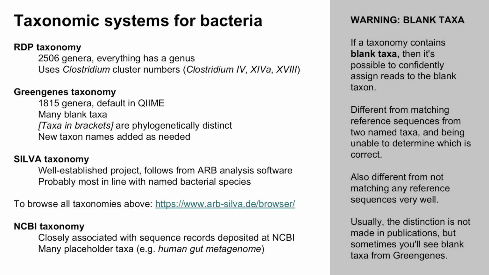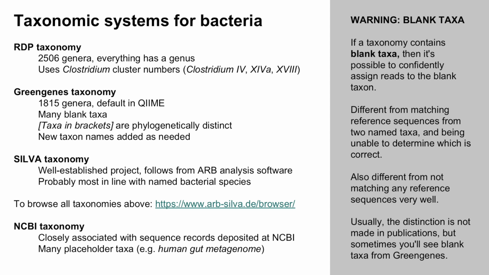Also, you'll see taxa in brackets coming from here, and that indicates that it's a part of the genus that is different than the main part. So there's some species of Prevotella that are phylogenetically different from the main cluster of Prevotella, and they're named Prevotella in brackets as punishment for being different.